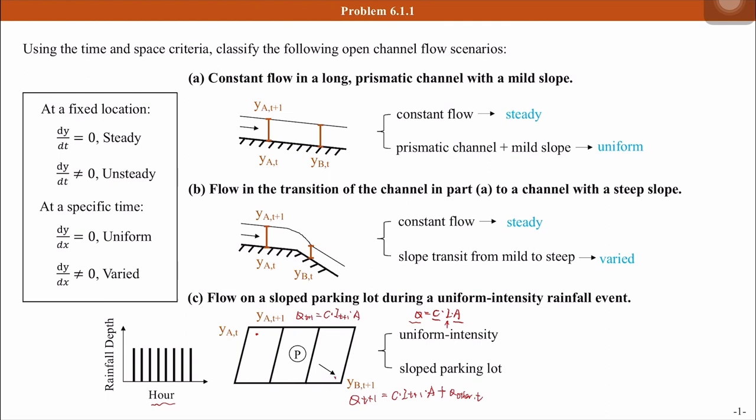Therefore, these two flow rates are different, which means that it is a varied flow in the scenario of a sloped parking lot.